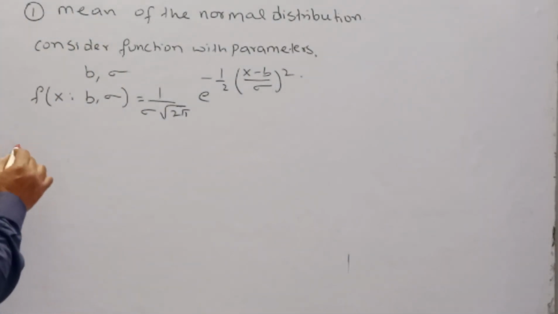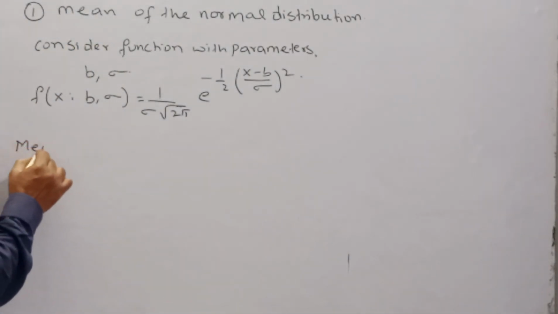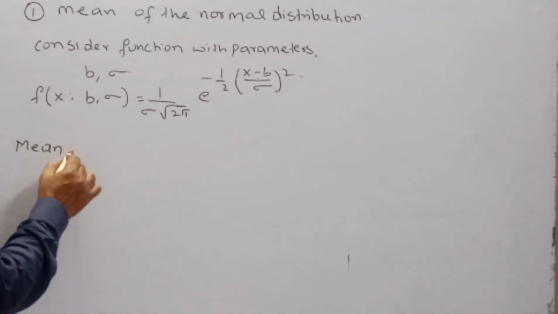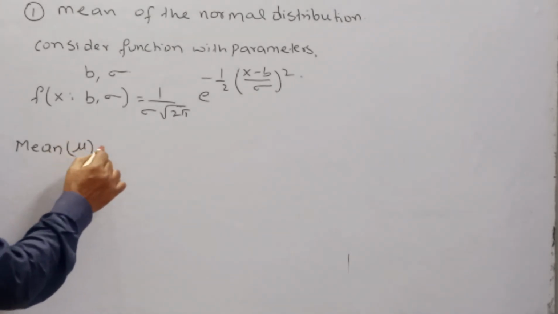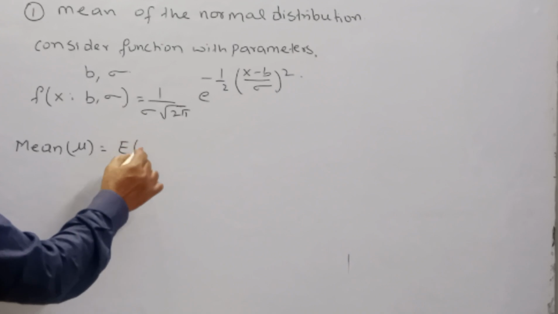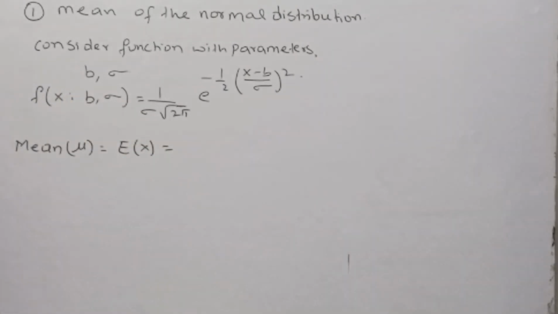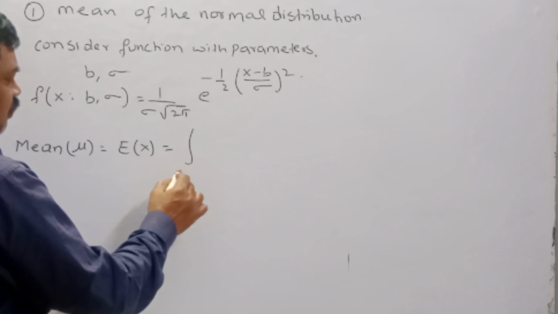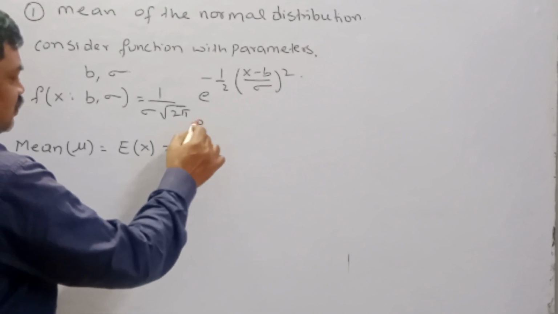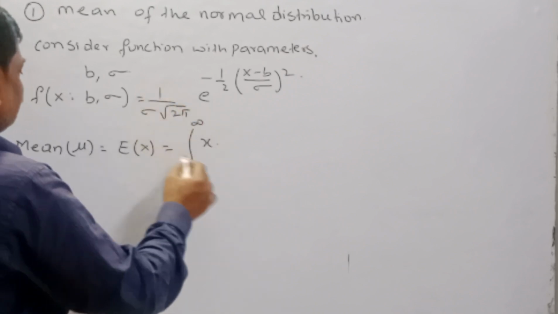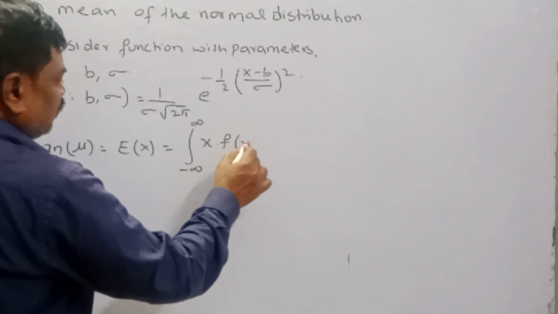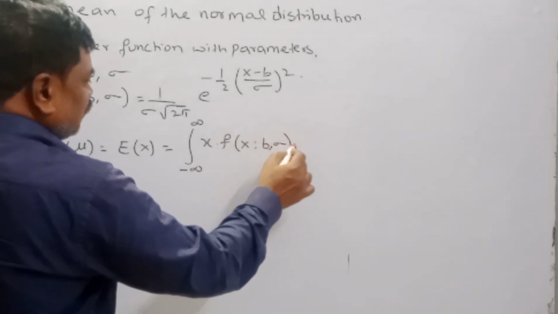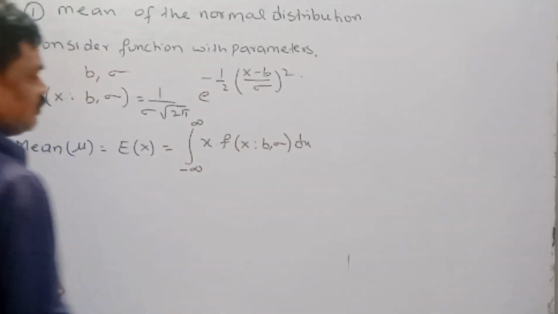Then the mean of the probability distribution function, that is mu is equal to E of x, the expectation of x, equal to integral minus infinity to plus infinity x into f of x such that b comma sigma into dx.